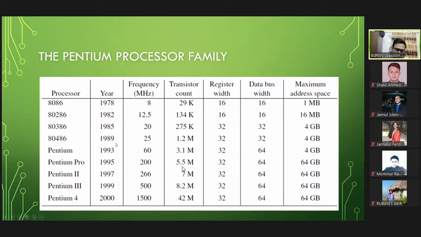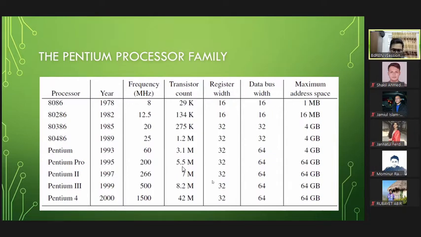The other three columns are optional, like the year it was launched, or the frequency it has. Frequency, you can see, is written in megahertz. That means in 1 second, how many tasks it can do. Then the transistors, how many transistors we have? As you can see, it is in millions. Nowadays, it's so many.